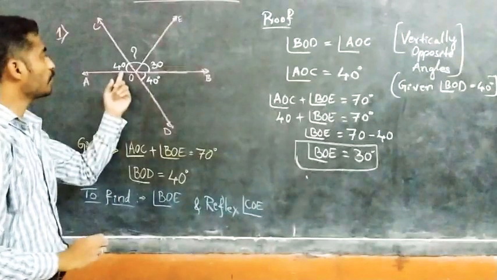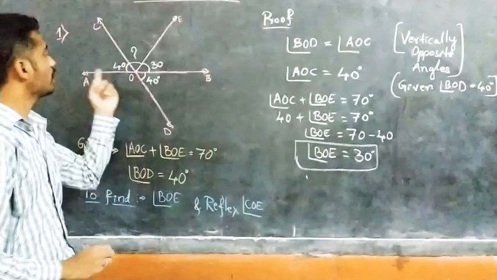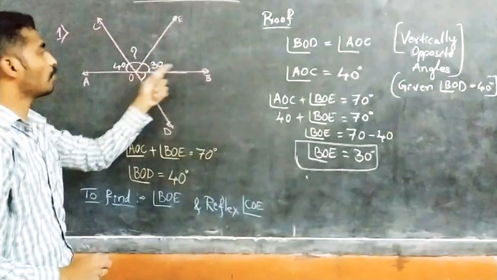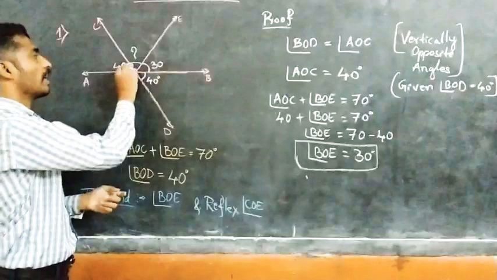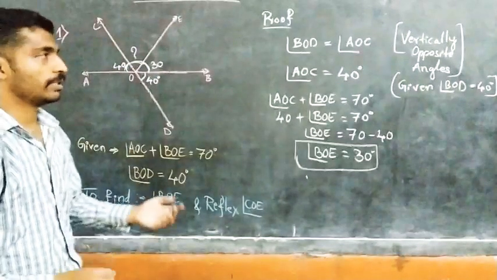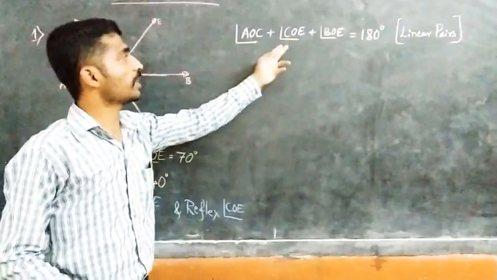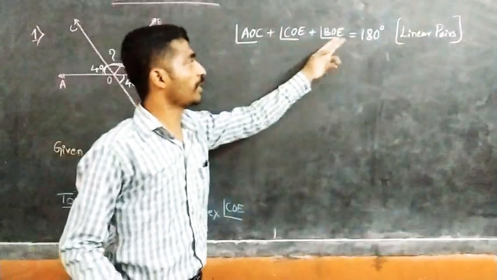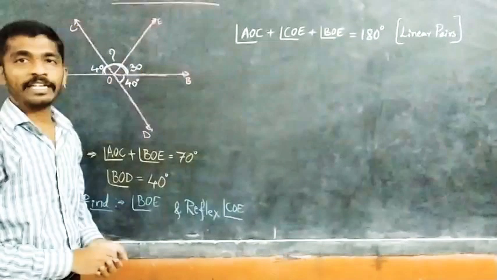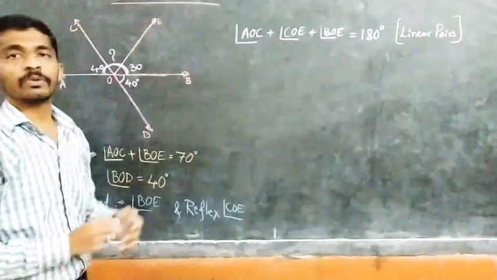If you add AOC, COE, EOB, what you will get? Total angle, that is 180 degree. So here you can write AOC plus COE plus BOE equal to 180 degree, because here you get linear pairs. So that is 180 degree.